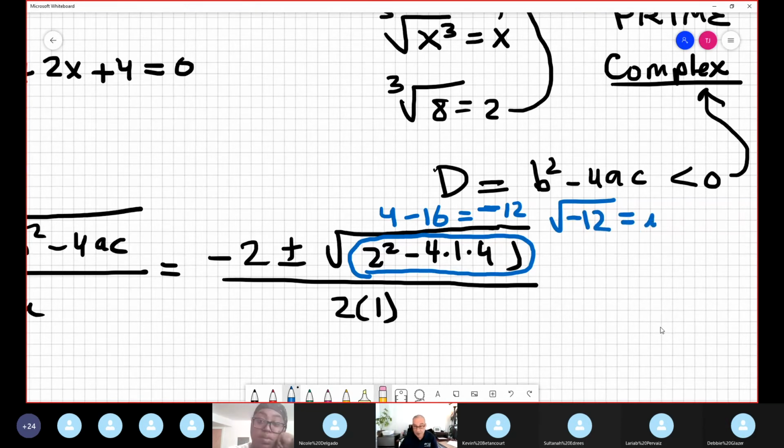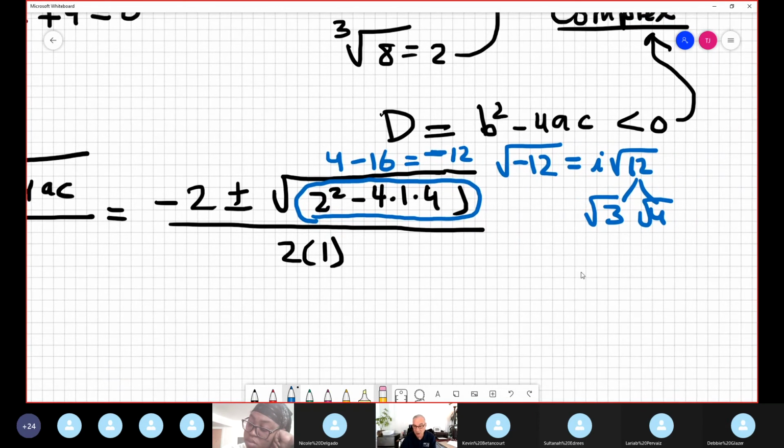Absolutely. It's i radical 12. I suppose we can simplify it a little bit because 12 is 3 times 4, and the square root of 3 stays, but the square root of 4 is 2. So actually, the best way to express this is 2i radical 3.